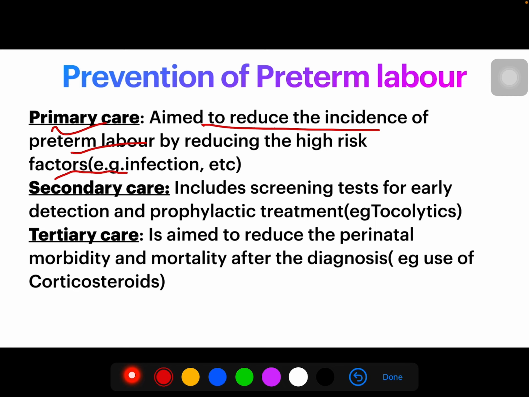The secondary care includes screening tests for early detection and prophylactic treatment, so that we can use other methods to prevent the preterm labor. And the tertiary care is aimed to reduce perinatal morbidity and mortality after the diagnosis, like use of corticosteroid, which helps to mature the lungs in preterm labor.